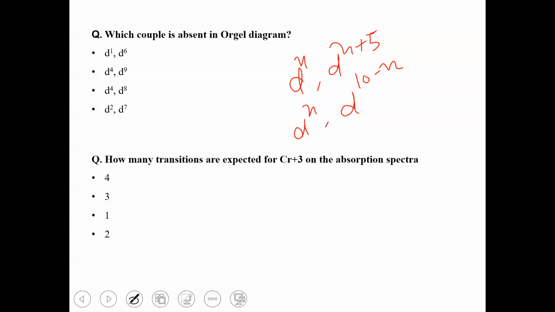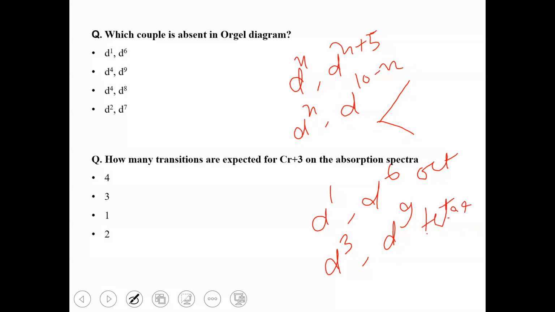So d1 and d6 in octahedral will show this spectra, and also d4 and d9 octahedral, and they in tetrahedral, both have the same spectra in the Orgel diagram. Using this simple formula, just apply here d1, d6, and you can calculate the gap. It is 5. Here is also 5. Here is 4. Here is also 5. So this couple is absent in the Orgel diagram.